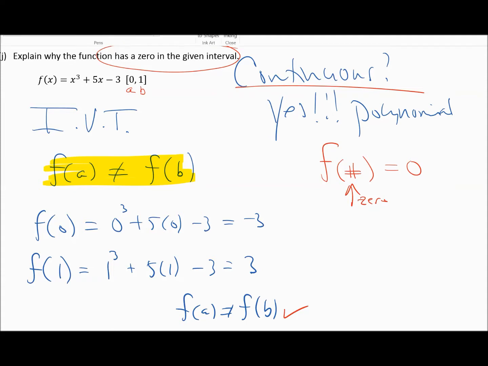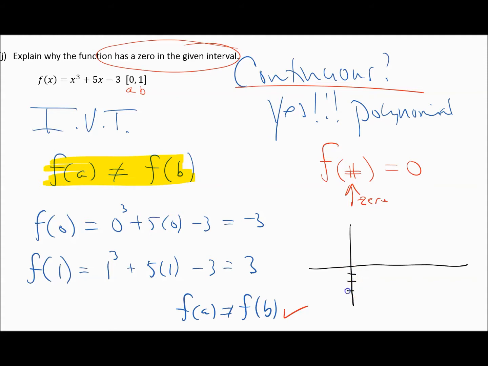Now, let's think about this graph-wise. I'm not going to draw the graph of this thing, although y'all kind of know what it looks like. x to the third, one side's up, the other side's pointing down. But anyway, here's what we do know. When we plugged in the endpoint 0, we got an answer of negative 3.